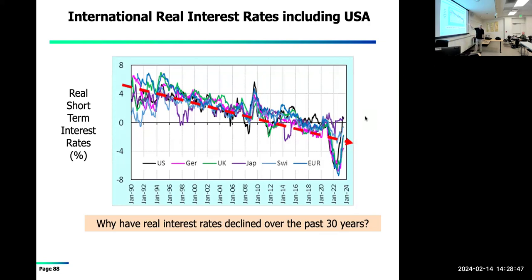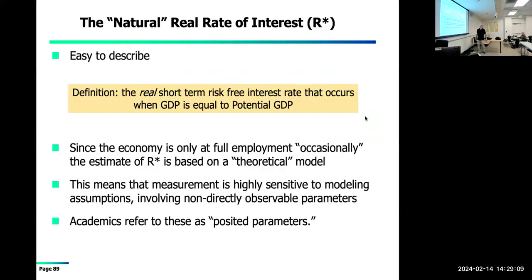And lo and behold, this is US, Germany, UK, Japan, Switzerland, and Euro. And interest rates have been in this long-term decline going back 30 years, raising the question: the reason why long-term interest rates have been going down is because r-star is going down.